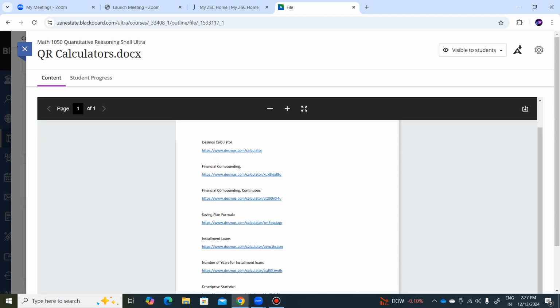The ones we're concentrating on. The top one is just the Desmos. We'll concentrate on financial compounding. Then we'll get into what's called continuous compounding in this chapter. Savings plan formula, I think that would be in 4C. And installment loans. And then we may have to use the number of years for installment loans at one point as well. So let me just open up the compounding.